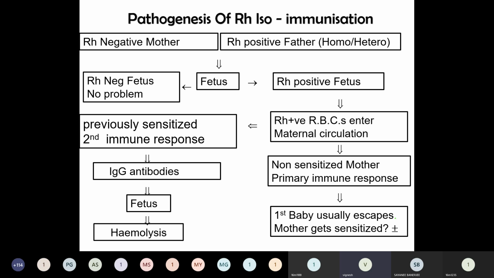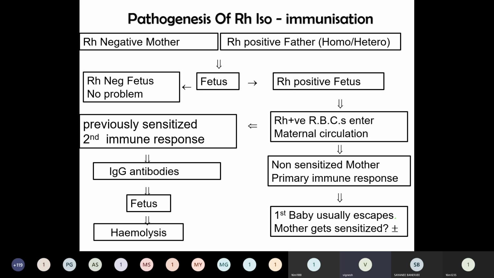The problem comes only if the fetus is Rh positive. So these Rh positive RBCs from the fetus enter into the maternal circulation. If the mother is non-sensitized, there is a primary immunogenic response, and so the baby does not get affected. So the first baby usually escapes, but the mother gets sensitized.